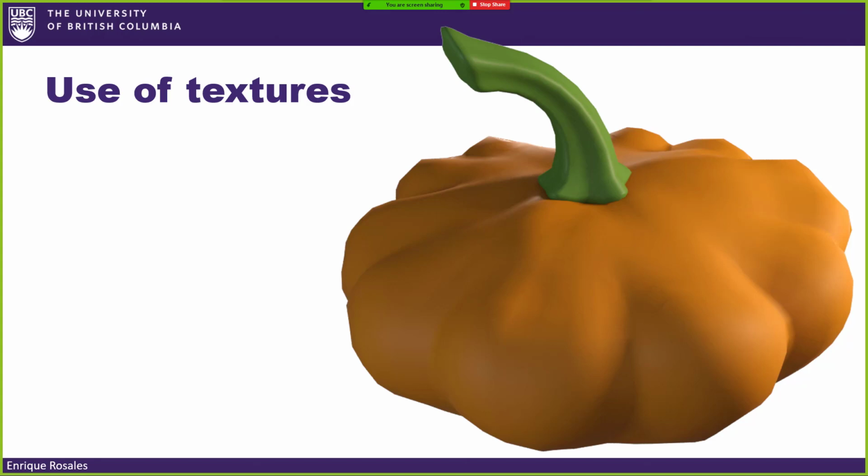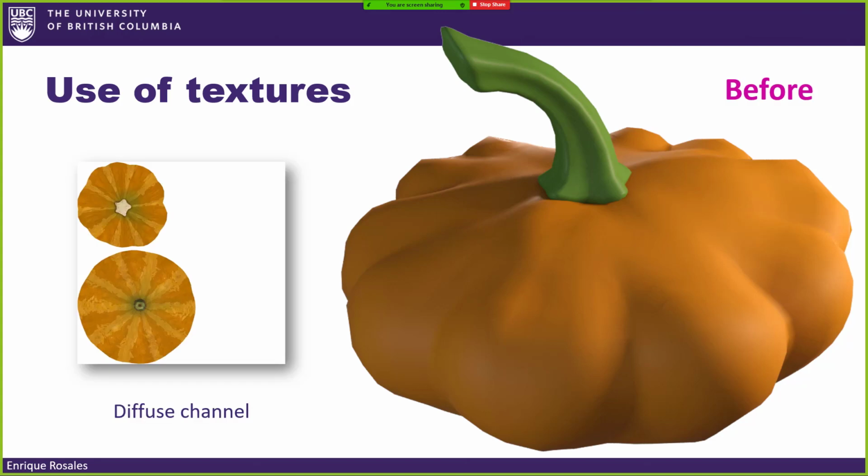So basically we created a very basic Blinn material, and this is what we have. But what if I want to make it look a bit more realistic? Well, I can create a texture with color details.